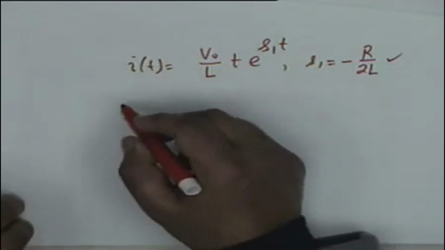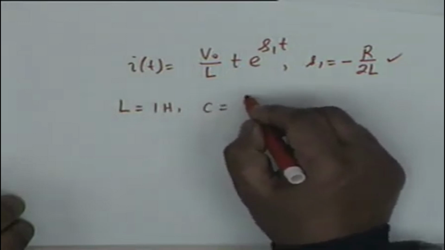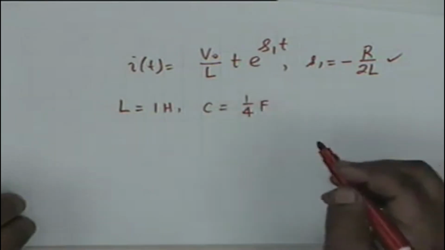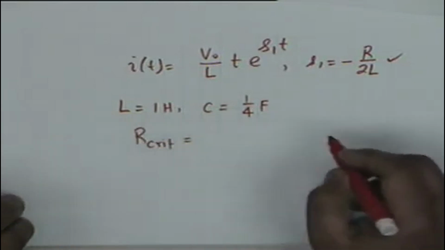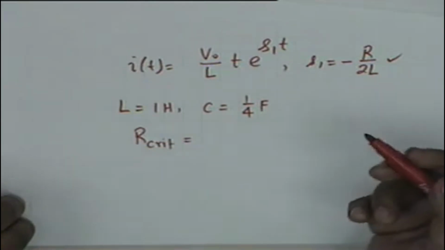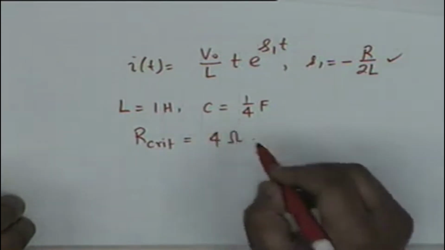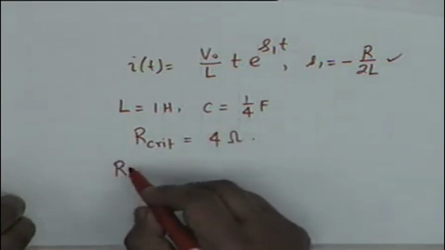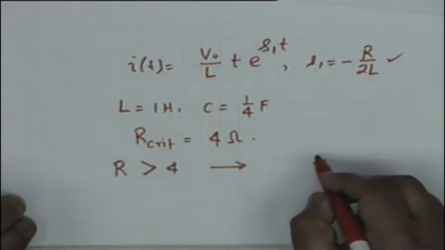For example, if L is equal to 1 Henry and C equal to 1/4 farad, what should be the R critical? Twice square root of L by C, 4 ohms. In other words, if R is greater than 4, then this case will be which one?